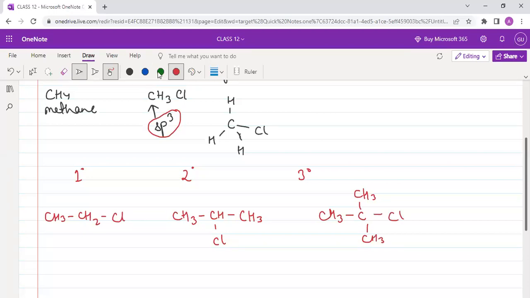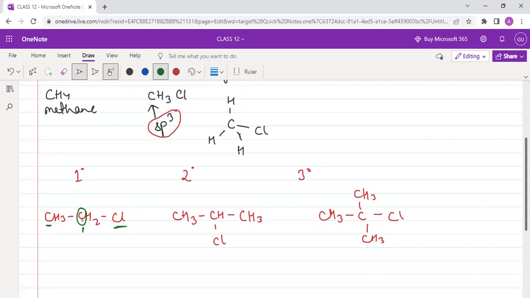Okay, I'll tell you. See, this is your functional group, that is your halogen. Now you have to see the carbon atom which is directly attached to this halogen. Here, this carbon atom is attached to only one carbon atom, so this one is primary.